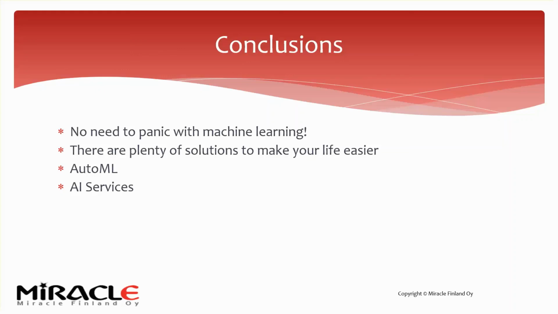Makes it much, much easier when you don't have to train the model yourself. We talked about some AI services, but there are definitely more to come. So different kind of problems can be solved using AI services also in the future.